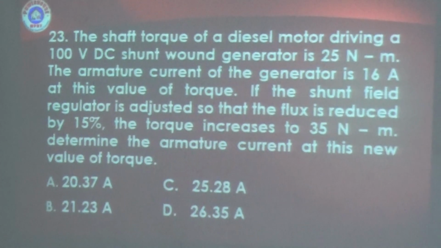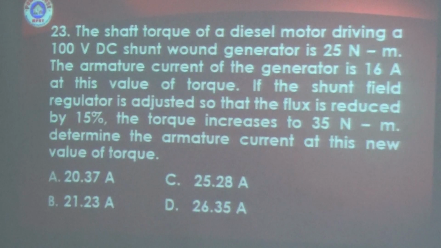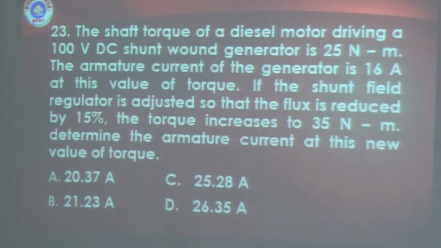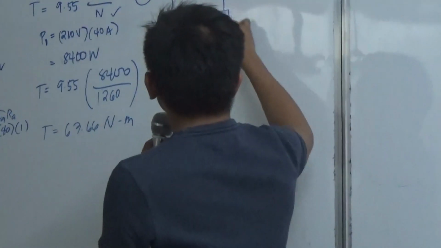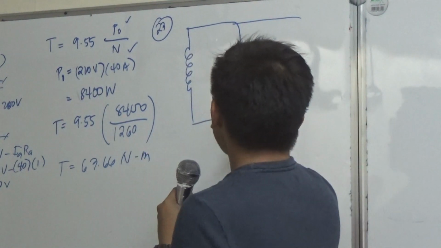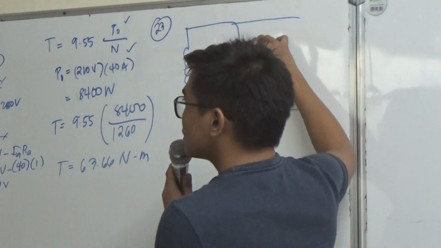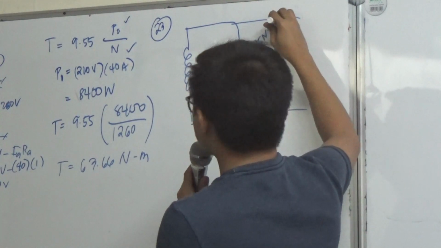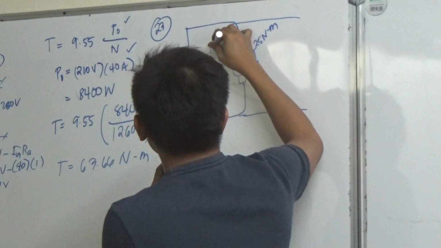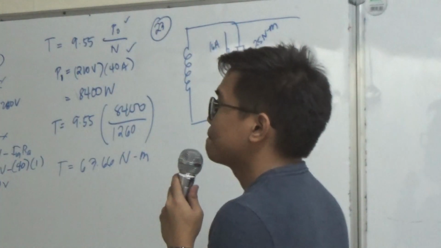So number 23, the shaft torque of a diesel motor driving a 100 volts DC shunt wound generator is 25 Newton meter. Shunt wound, so tulad natin. The armature current of the generator is 16 amps at this value of torque.